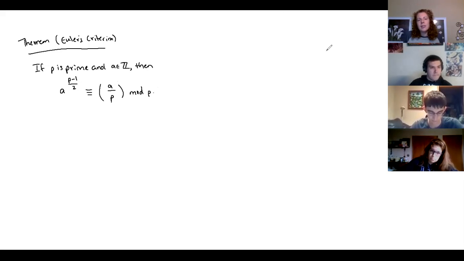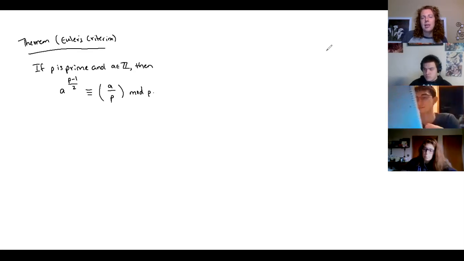If P is prime and A is an integer, then A raised to the (P minus 1) over 2 is congruent to the Jacobi symbol of A over P mod P.